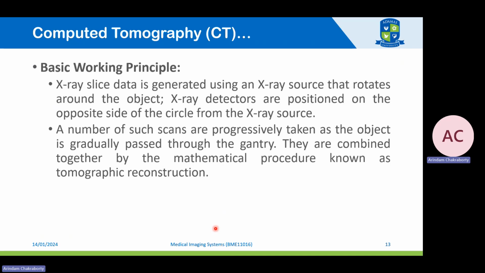Through computer processing, these cross-sectional images are progressively taken around the object, and finally, through a tomography reconstruction technique, a 3D representation is generated.